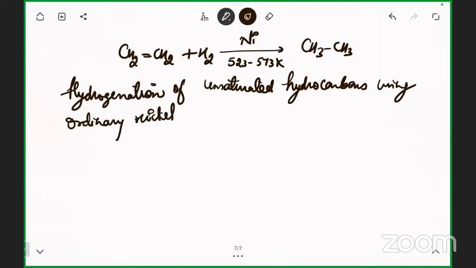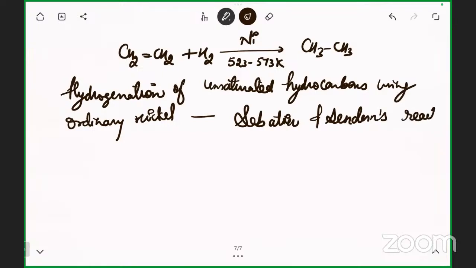This reaction is commonly known as the Sabatier and Senderens reaction, or you can say reduction. Why are we saying reduction? Because on adding hydrogen to any species, it is known as reduction. Addition of oxygen is called oxidation. Addition of hydrogen is called reduction.